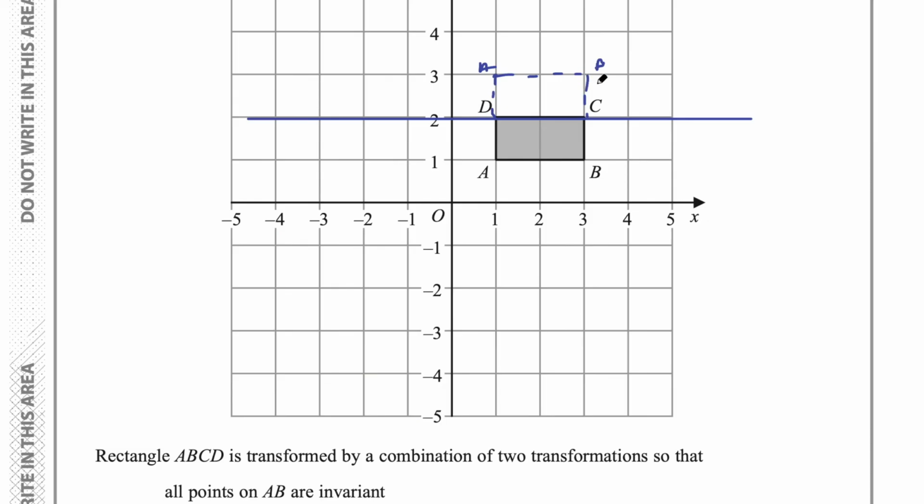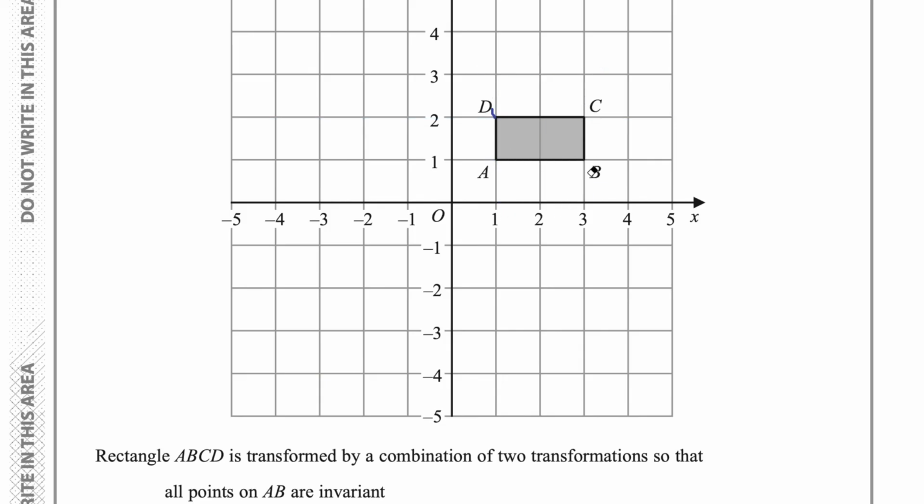So if the line was at y equals 2, we could translate that down negative 2, and AB would be here, and then the whole rectangle would be here, but AB would be back in the same place. It doesn't say k equals 2. That's just one possibility. Let's try another one.